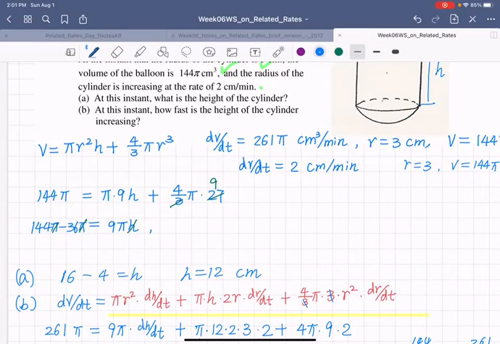Then we can solve 144 minus 36, which is 108, equals 9h. And h is going to equal 12 centimeters.